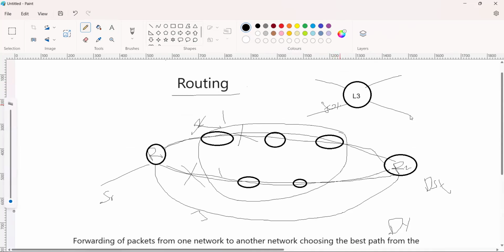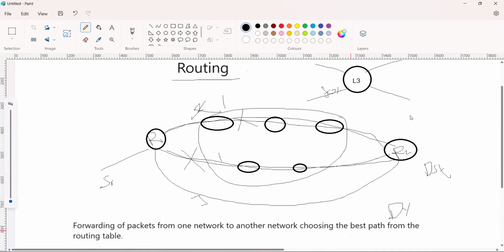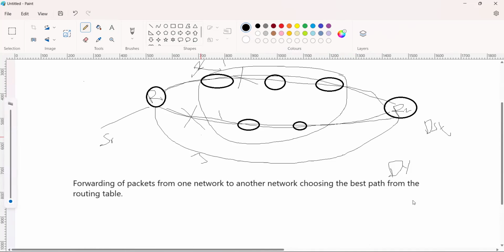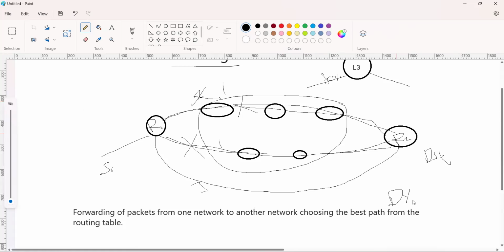we assign every interface a different network. So the router will work between networks, and those networks are available in the routing table. Based on the routing table, it will choose the best path, as I have mentioned.